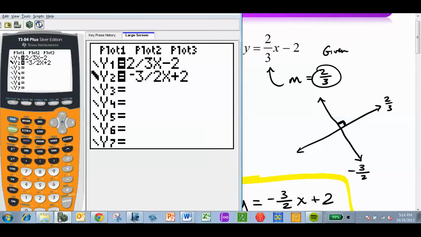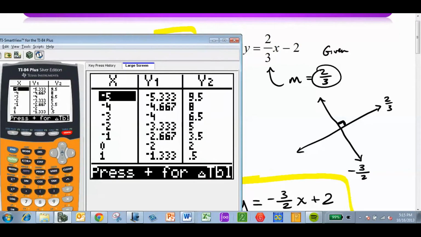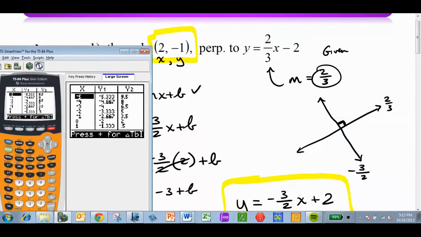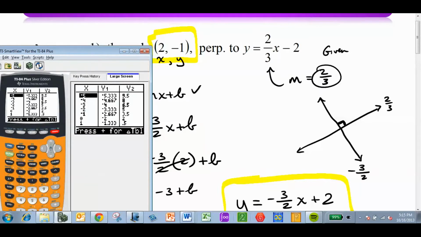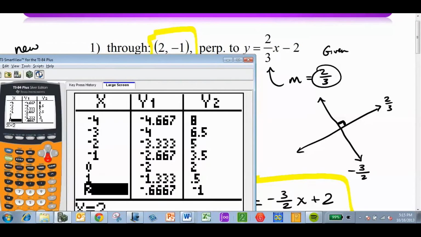So I'm going to go to second graph, which gives me my table, and that point again was 2, -1. If we scroll down here, we can see that when x is 2, our original gives us 2/3, but our new one gives us -1, which is what we wanted. So x is 2, y is -1.